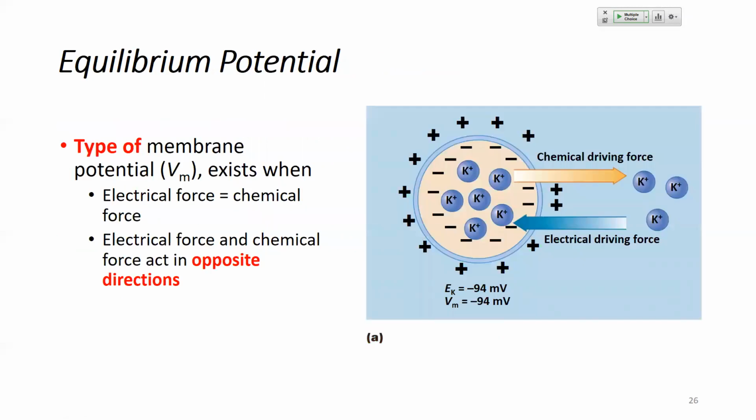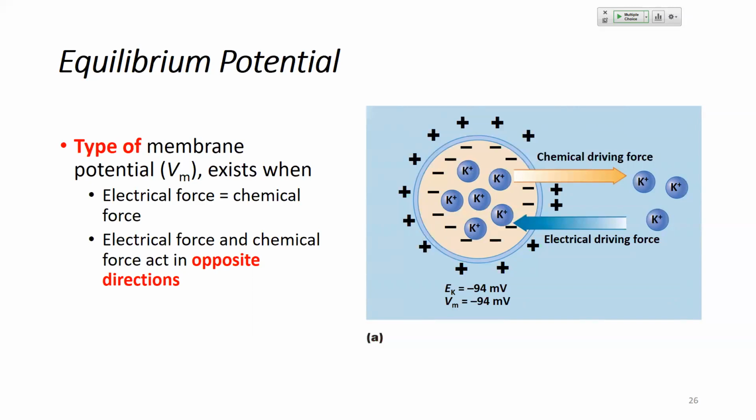That brings us to talk about the equilibrium potential. Right? The equilibrium potential. What is the equilibrium potential? This is a type of membrane potential, and this basically exists when the electrical force is equal to the chemical force and the forces are acting in opposite directions. Okay, I'll say that again.